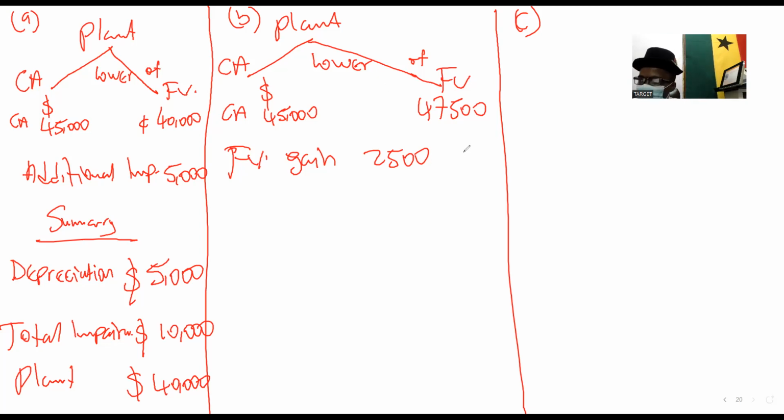So we can use this one to reduce the previous impairment. So in summary, here we cannot record again until the previous impairment has been cancelled from the books.